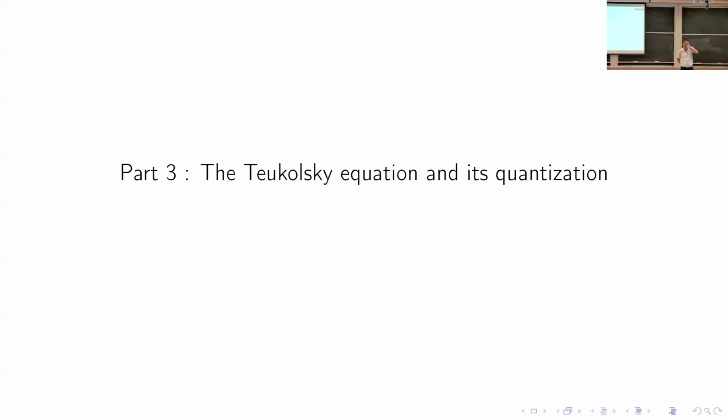Okay. So now I've spoken about linearized Einstein. Why now do I speak about Teukolsky, right? Normally you do this the other way around: first work on Teukolsky and then on linearized Einstein. When I started all that, I have to admit I didn't really understand the interest of Teukolsky.